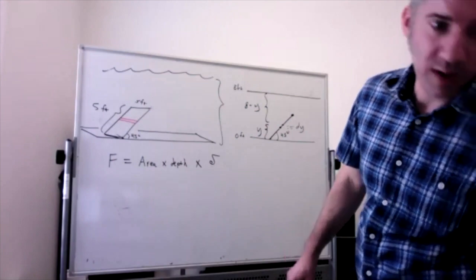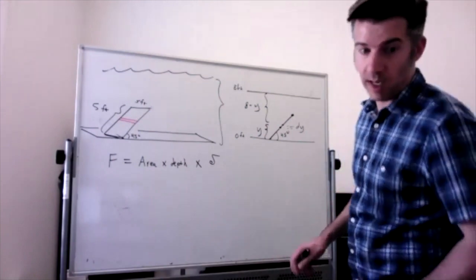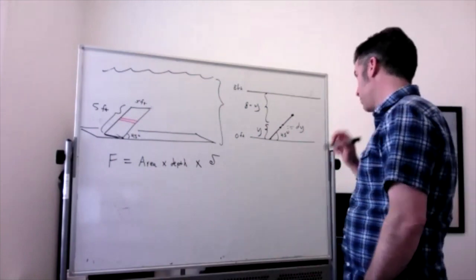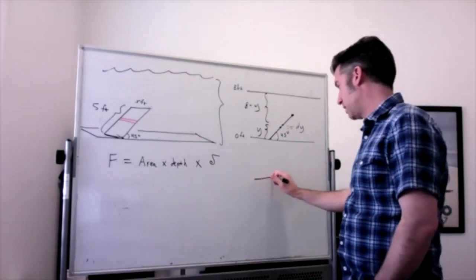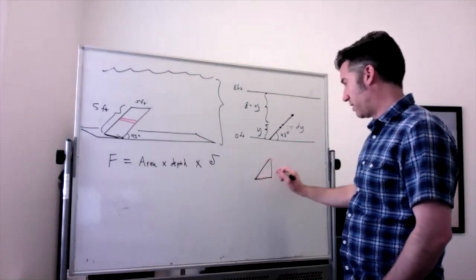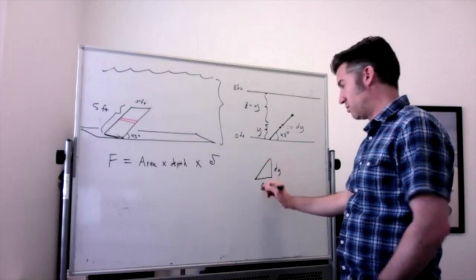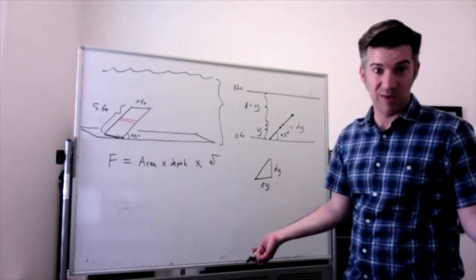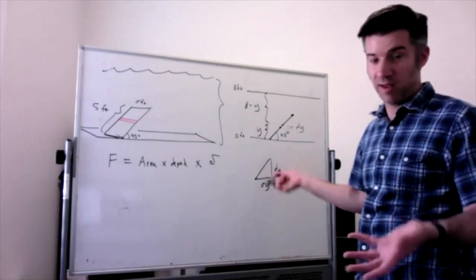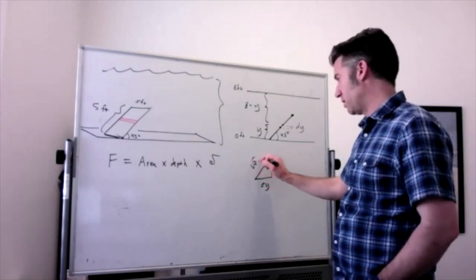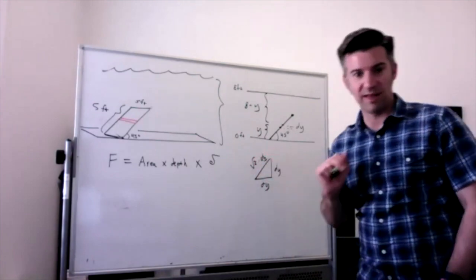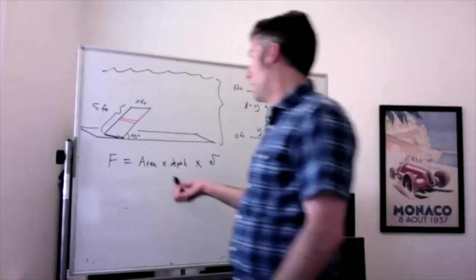I don't know. All right. Yeah, I think you're definitely right, Morgan. Because if I'm looking at this small segment here, at 45 degrees, this is dy and this is dx, but it's also equal to dy because they're the same. So it's 45, 45, 90. And this is definitely root 2 times dy. I think that's the right way to go.